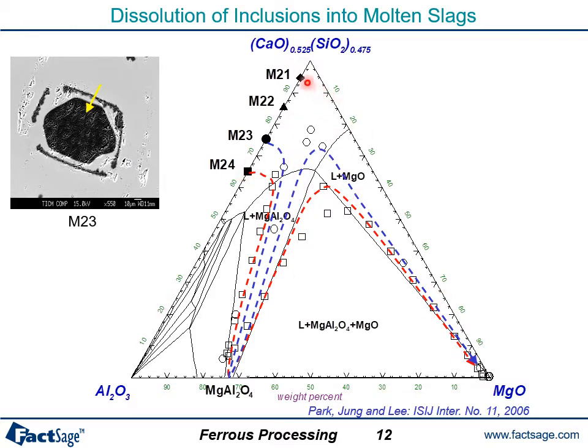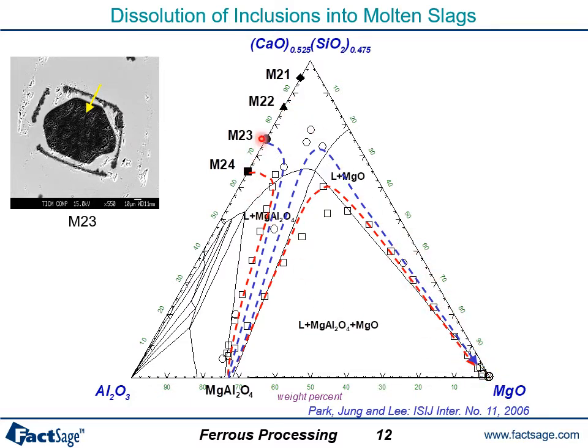If you look at the position of M21 and M24 relative to the MgO, you draw a straight line from here to here, and you can see that the straight line can be connected through the liquid phase and the liquid plus MgO phase directly. M22 is the same.